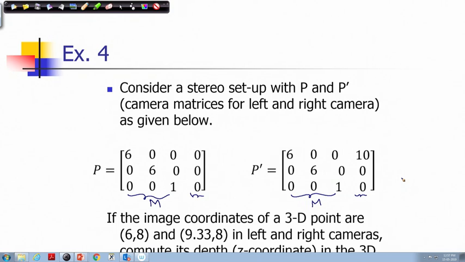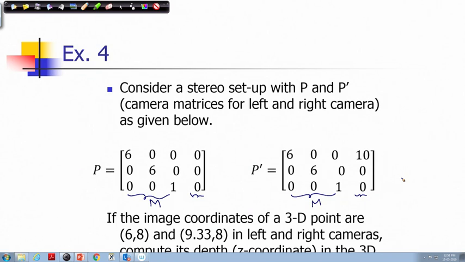There is no relative rotation between these two systems. So, this is a case of pure translation. Under this case, we have already seen that the y coordinates of the corresponding points should remain the same, because it is a special case of stereo, and the fundamental matrix is given simply by e prime cross, as we have seen earlier also.